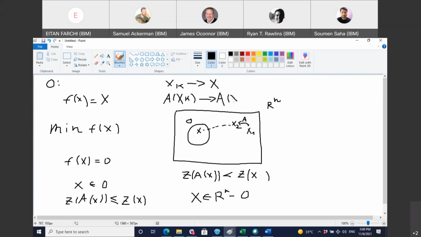This is correct whenever A is continuous, for instance.